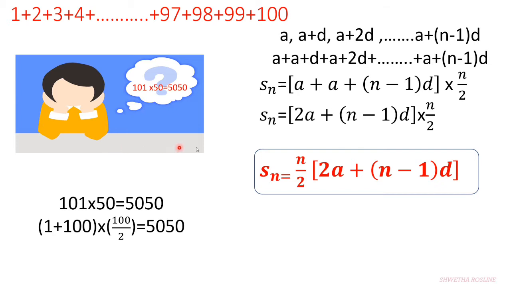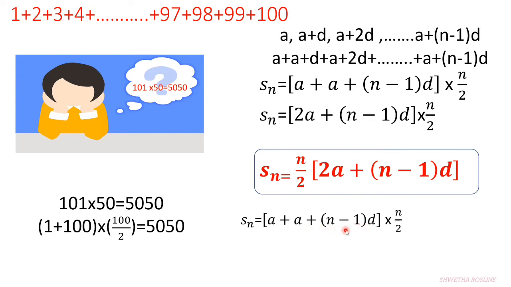Now I will use the same terminology again. I'm going to take the first relation, that is Sn is equal to a plus n minus 1 into d into n by 2. So what is this a plus n minus 1 into d? Yes, most of you are guessing the answer.